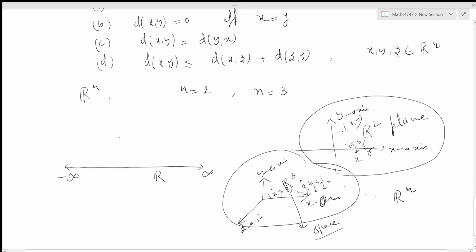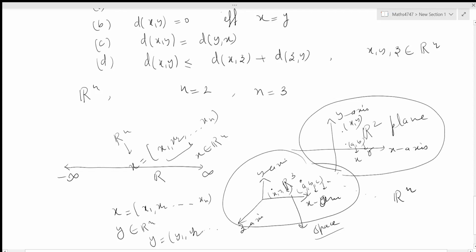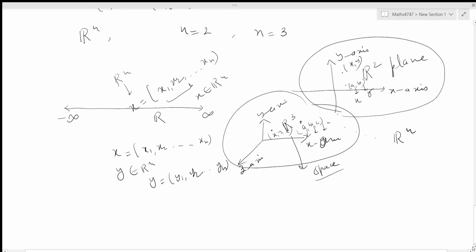Like this, in R^n, any element is of type (x1, x2, and so on, xn). This is a single element of R^n. If x belongs to R^n, it means x is (x1, x2, ..., xn), and if y belongs to R^n, it means y is (y1, y2, and so on, yn).